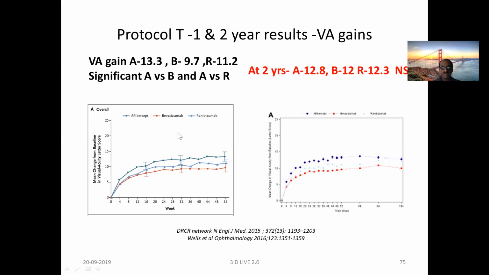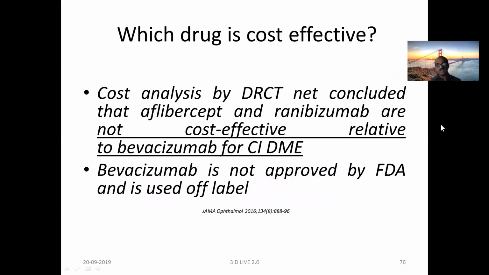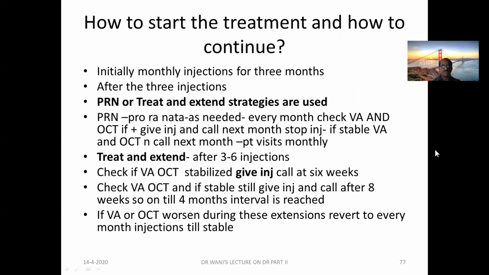So it was superior, but at the end of 2 years, they all had almost similar visual acuity. So should we use the costlier drugs, aflibercept and ranibizumab, or bevacizumab? The cost-benefit analysis shows that bevacizumab is equal to ranibizumab and aflibercept if you take cost. Actually, bevacizumab is not approved by the FDA and it is used off-label by all ophthalmologists.